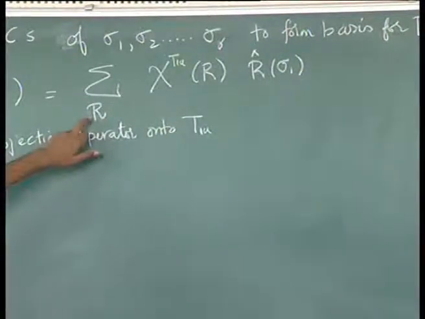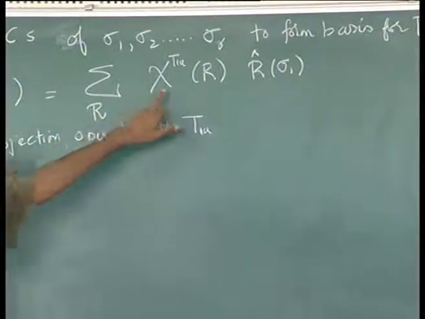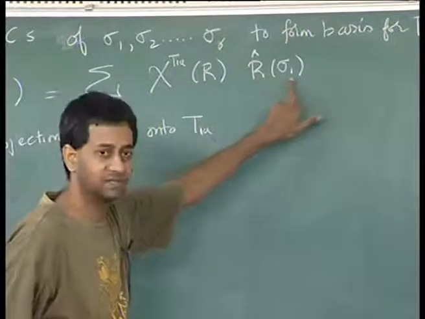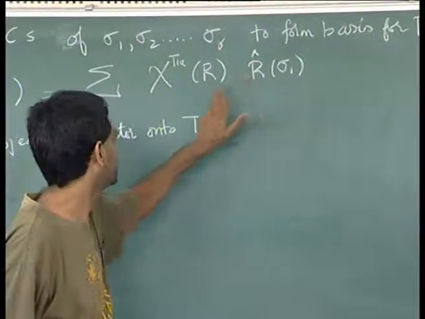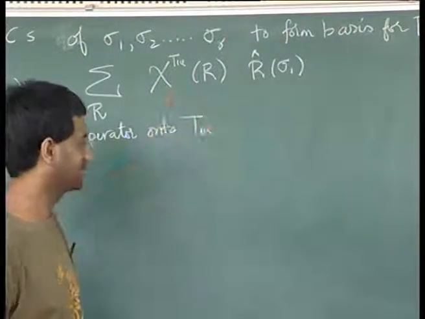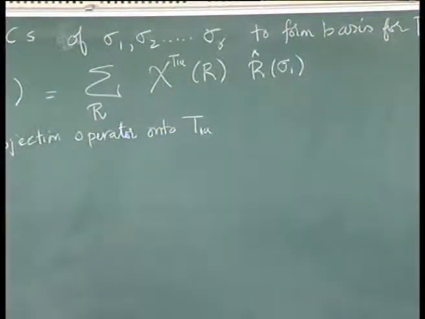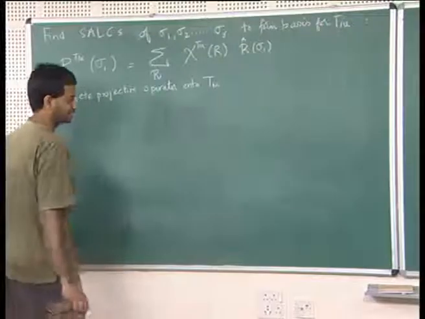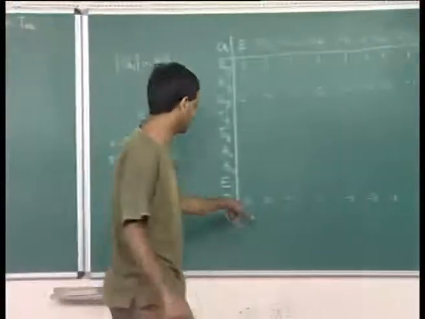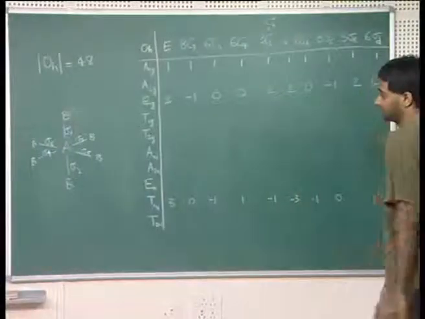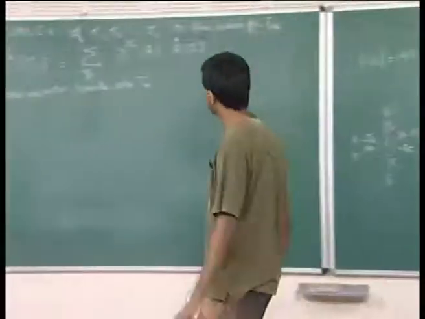So for the various operations, you see what they give as a result of that operation and multiply it by the characters. Now if you look at chi of R, these are the characters of the various operations. This sum is over all 48 operations.